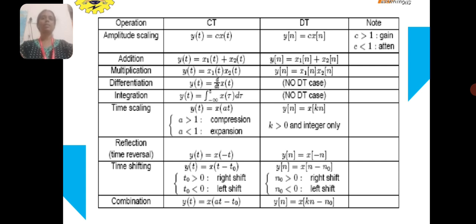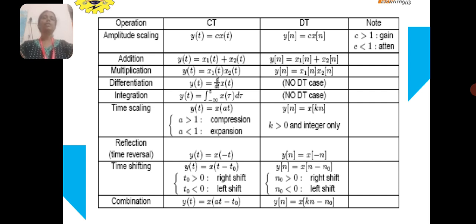Alpha is represented as the multiplicative constant. It can be either greater than 1 or less than 1. So based on the value of alpha, the coefficient of x of t, the resultant signal varies. The same is true for a discrete time signal also. y of n is equal to alpha times x of n.